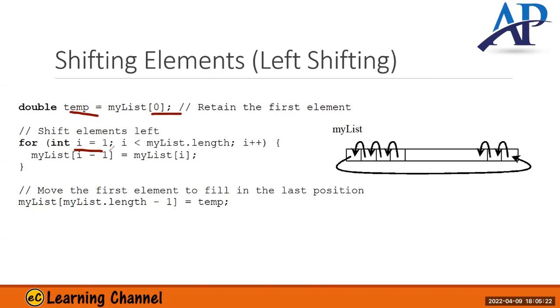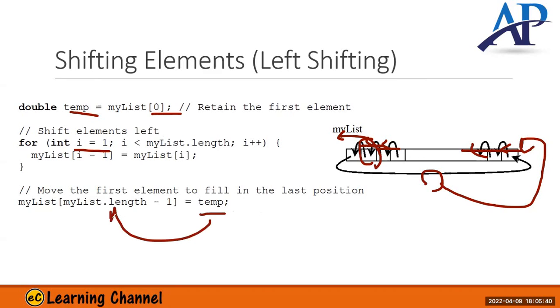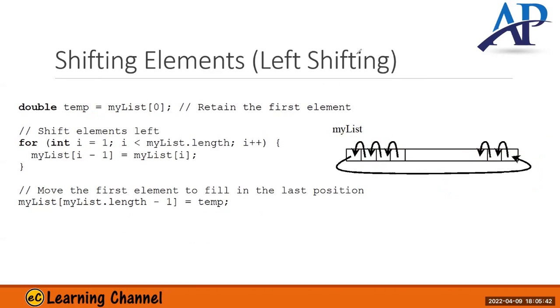And then from i equals 1 to the end of the array, you copy to the left, shifting to the left, until the last one. After that, your temporary value is copied back to the last element. So this one is left shifting.